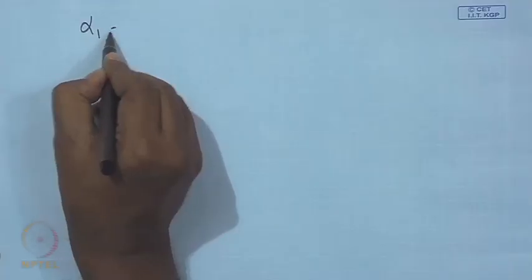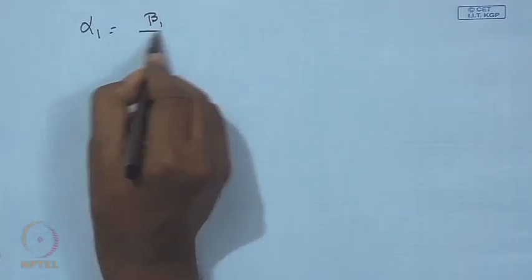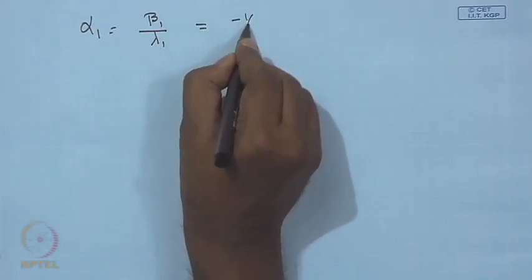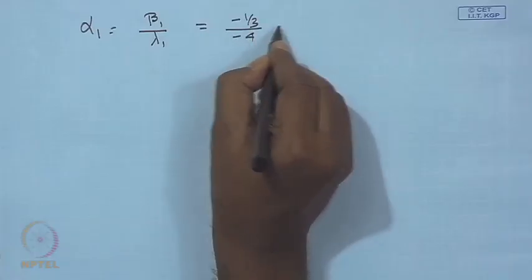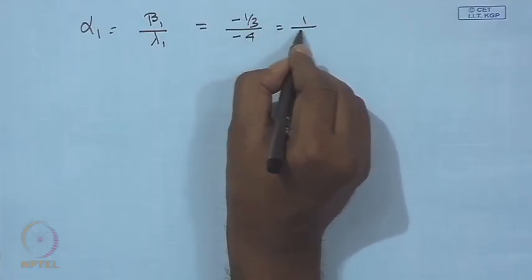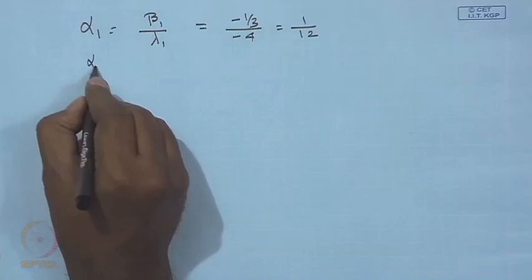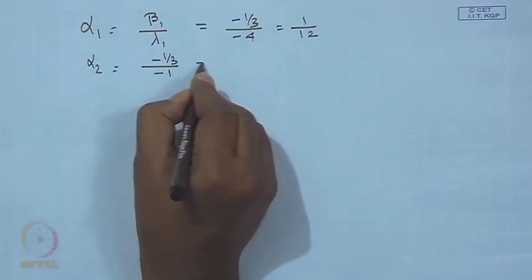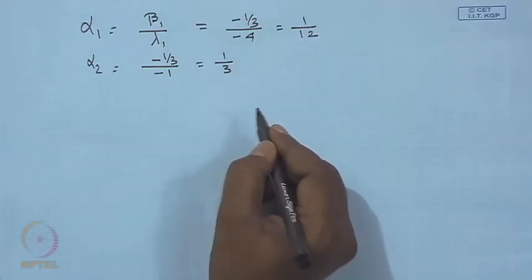So, alpha 1 will be nothing but beta 1 by lambda 1. Beta 1 is minus 1 upon 3 and lambda 1 is minus 4, so this will be plus 1 by 12. And alpha 2 is minus 1 upon 3 divided by minus 1, so this will be plus 1 upon 3.